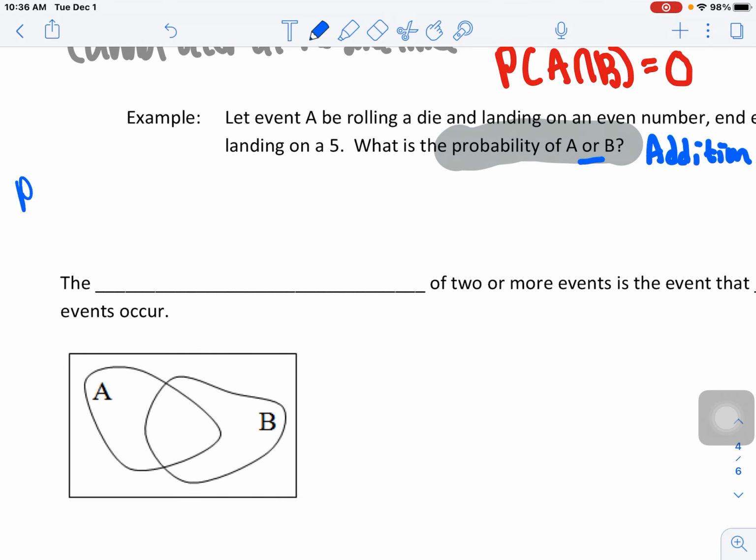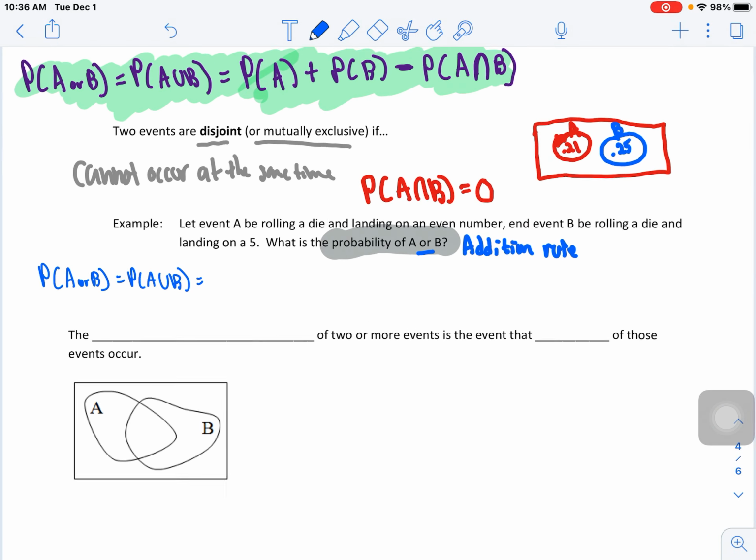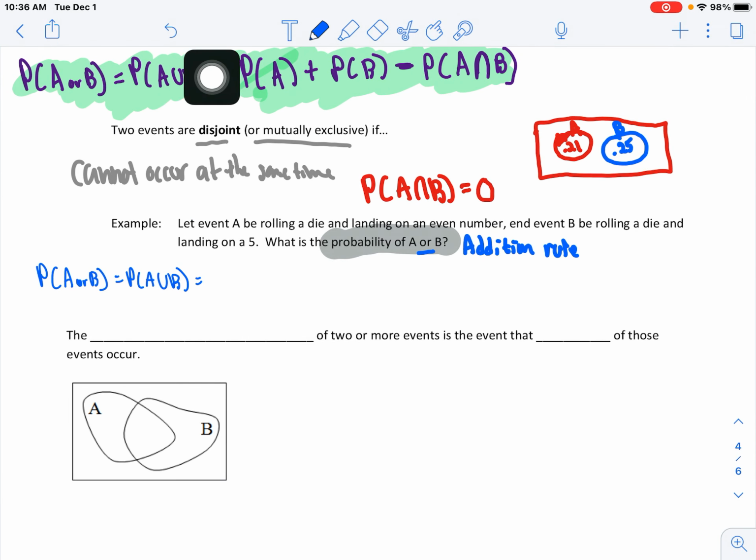I'm just going to use the addition rule, which says that the probability of A or B happening, which again is the union of A and B, I'm pretty much just copying this down. We can take the probability of A plus the probability of B and subtract the intersection.